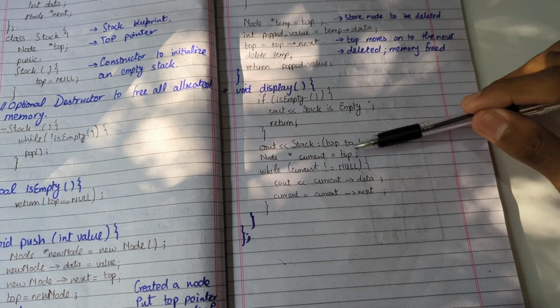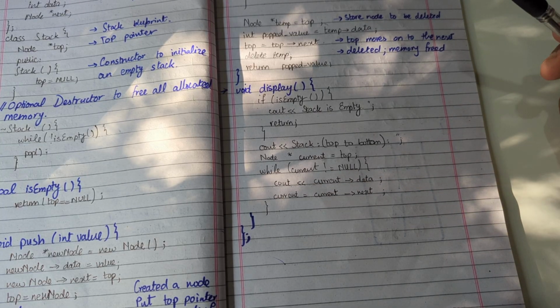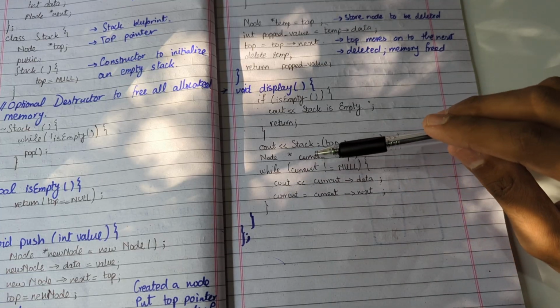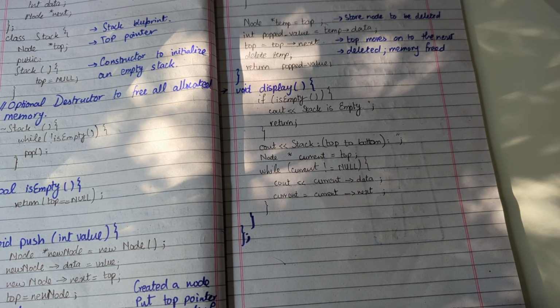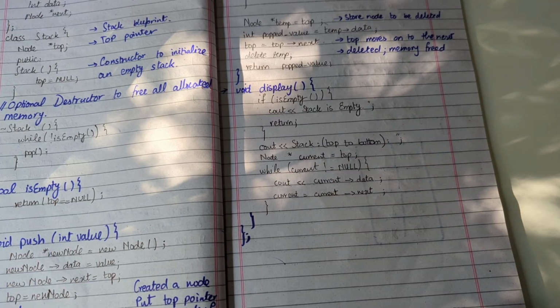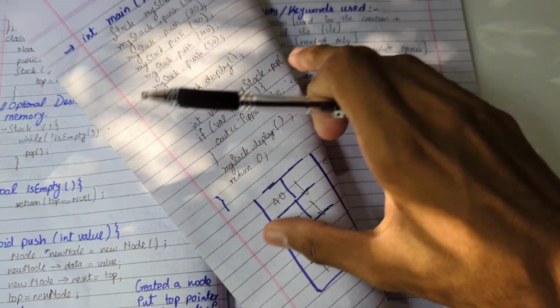So until current gets nulled, cout current data. Simple as that. We just display the data, and then current equals current next. Once we've displayed the data, we move the current pointer to the next node. And that's how a stack in a linked list works.